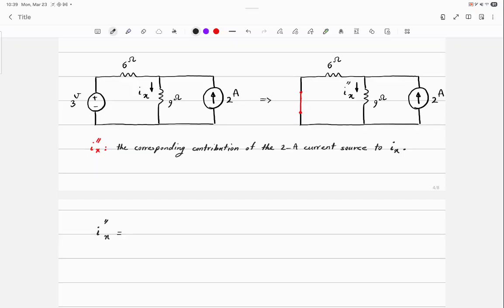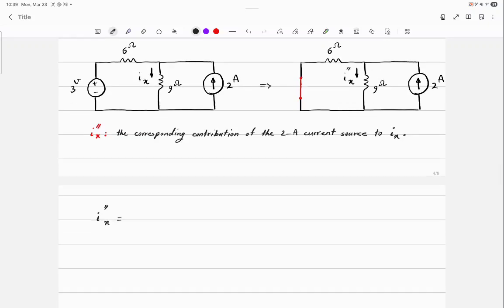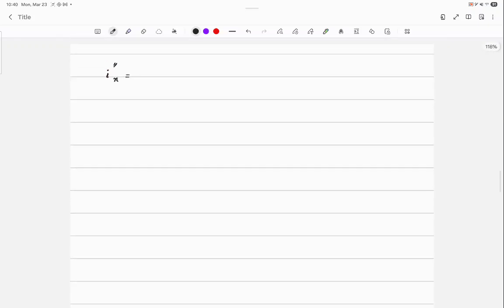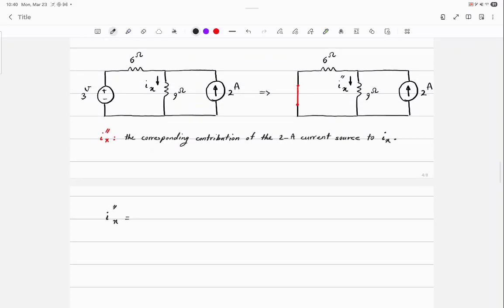You have 2 amps current coming, and it's going to be divided between 6 and 9. So what is the equation that I should write? First, write the thing that is going to be divided: 2 amps. Then you need a fraction. What is that fraction? 6 ohms over 6 ohms plus 9 ohms. And that's equal to 0.8 amps.